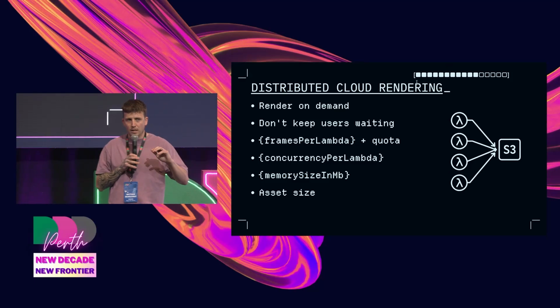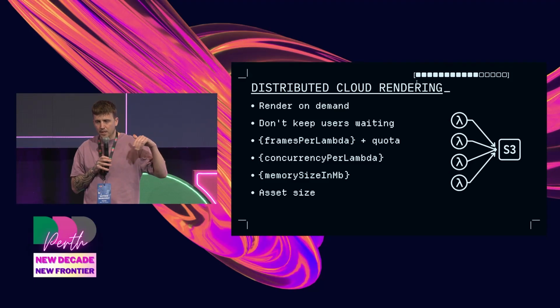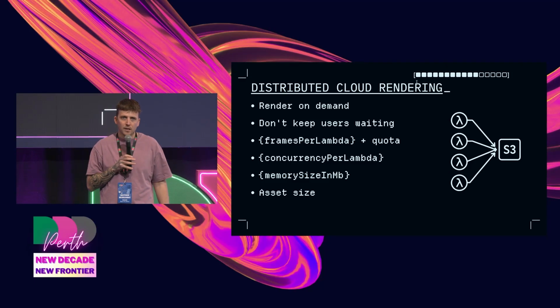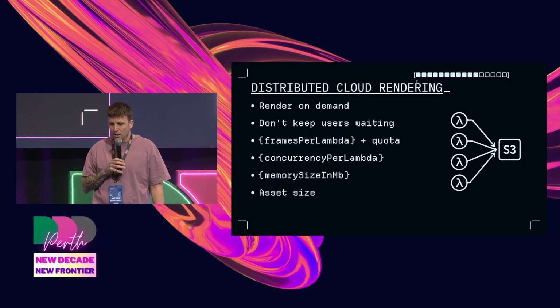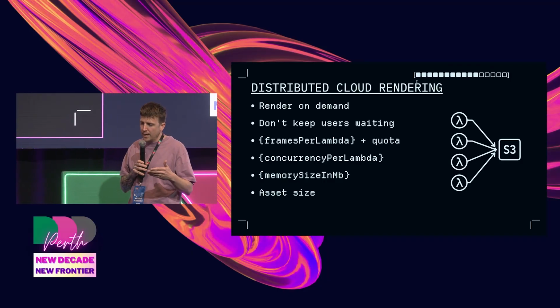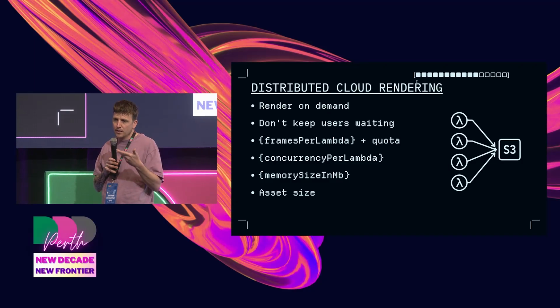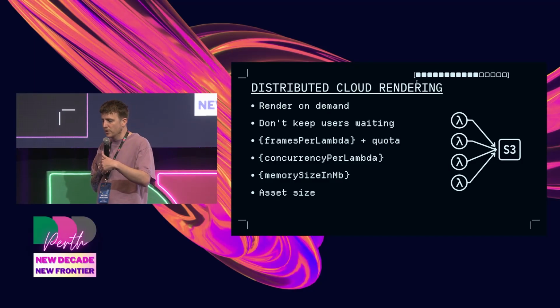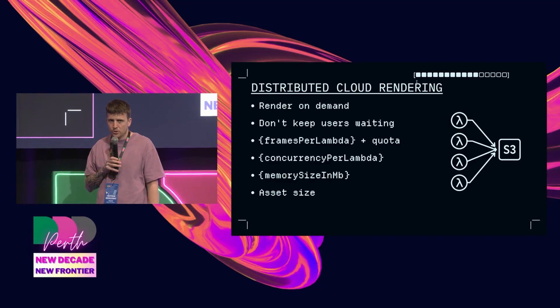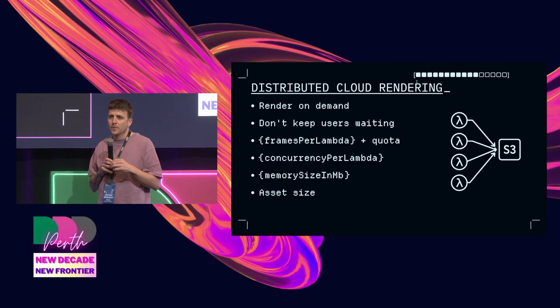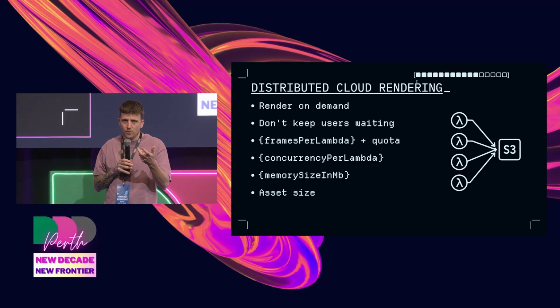So I touched on it earlier, but these Spotify Wrapped-style campaigns that I build, if you imagine that you had a notification from Spotify that your Wrapped campaign is ready, you go into the app, you look at it, you think this is really cool, I want to share this to social media. The ideal UX for that is that they would click share, and straight away they've got their MP4 ready.